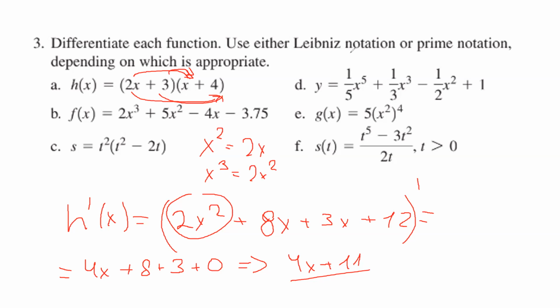Derivative of an exponential function is always going to be one power less, or n minus 1 power. Remember this power rule. Did you write it down? Yeah. Great.